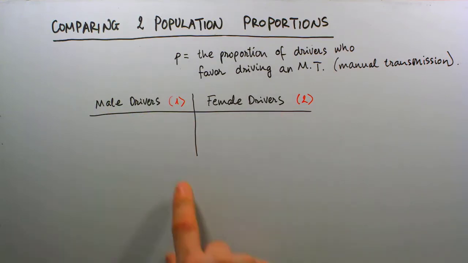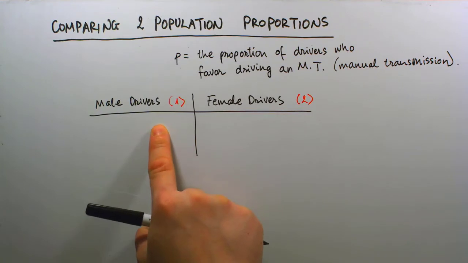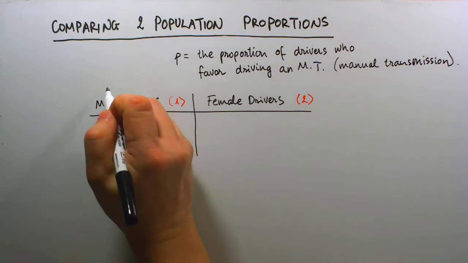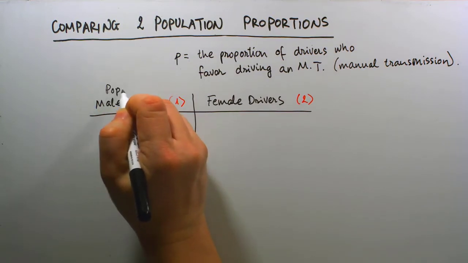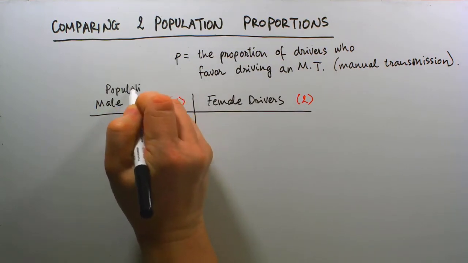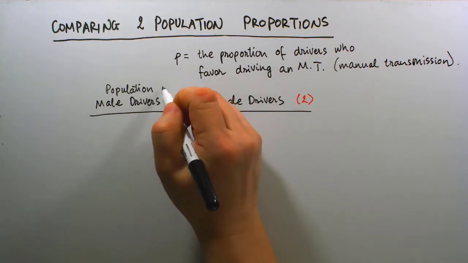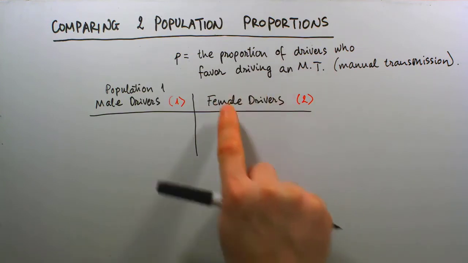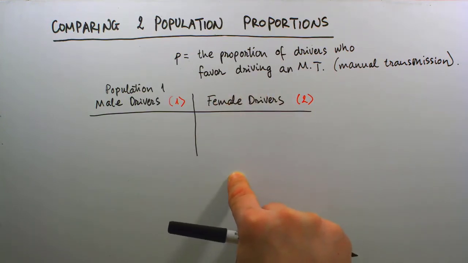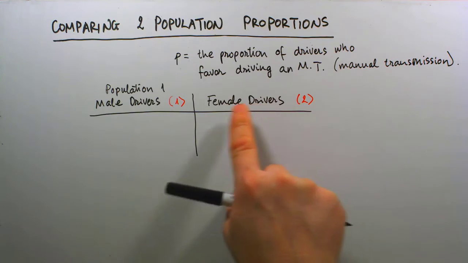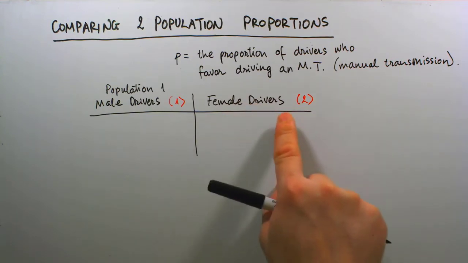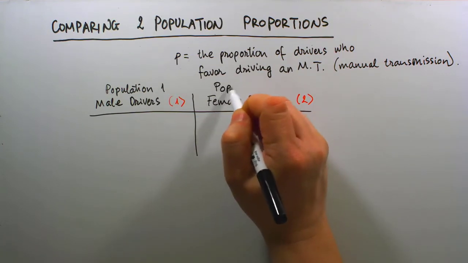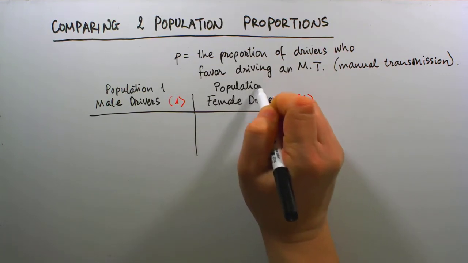Any later time when we're doing our work, we can simply refer back to the male drivers population as population 1 for short. That's the first impact. And the female drivers, instead of calling with a long name like this, later on at any step in our work where we need to refer back to this population, we have a more convenient name, population 2.